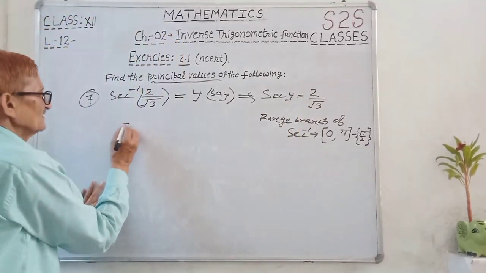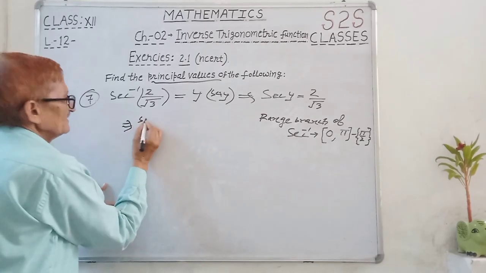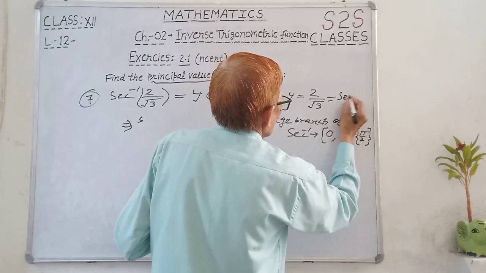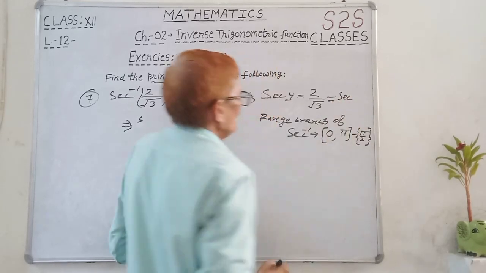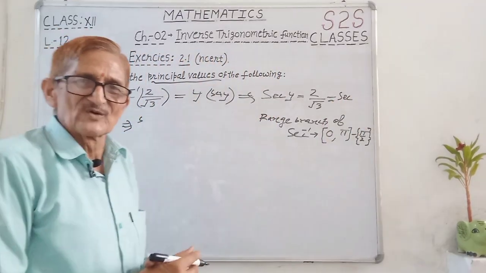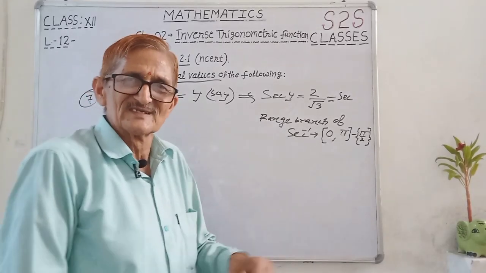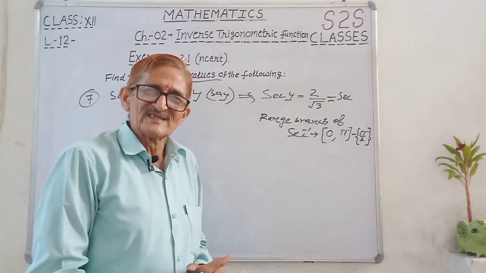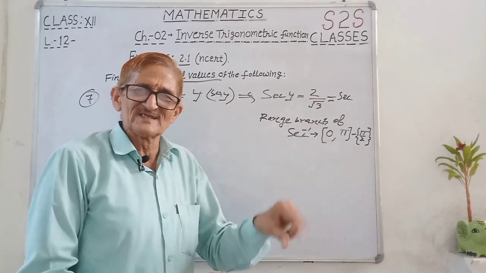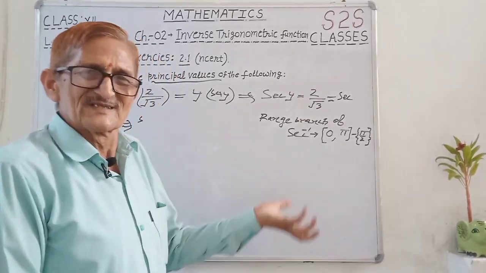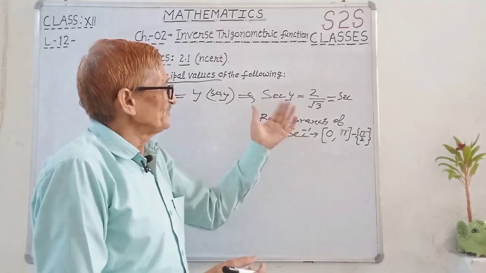Now in the first, what will it be? Sec of how many degrees is 2 upon root 3? Cos of how many degrees is root 3 upon 2, the reciprocal of this? Root 3 upon 2 is cos 30 degree, pi by 6. The reciprocal of cos 30 is sec 30, which is 2 upon root 3.